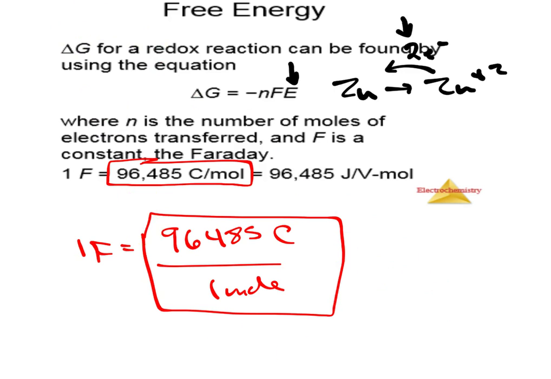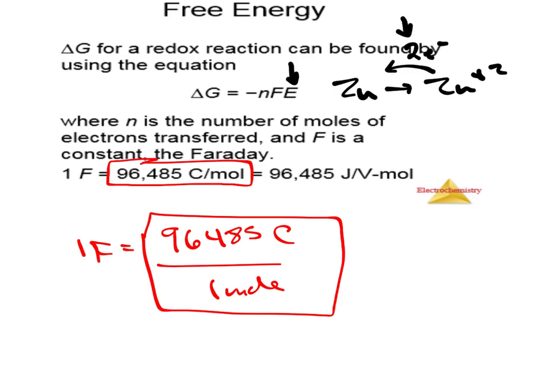Delta G for a redox reaction can be found by using the equation delta G equals negative nFE. What is E? Nope, it's the E of the cell we've just been finding. Well, entropy wasn't E. Neither was enthalpy.